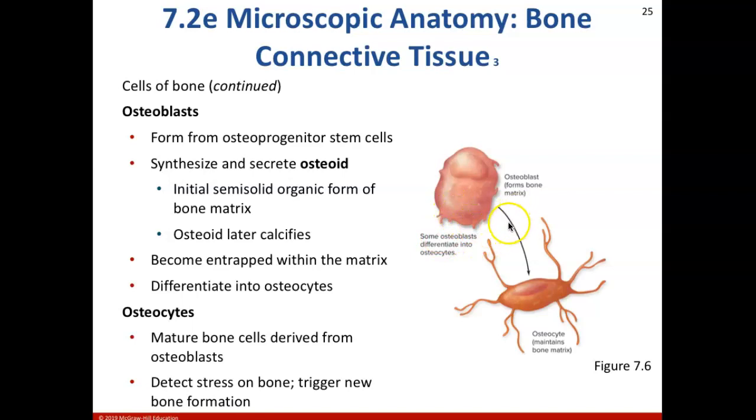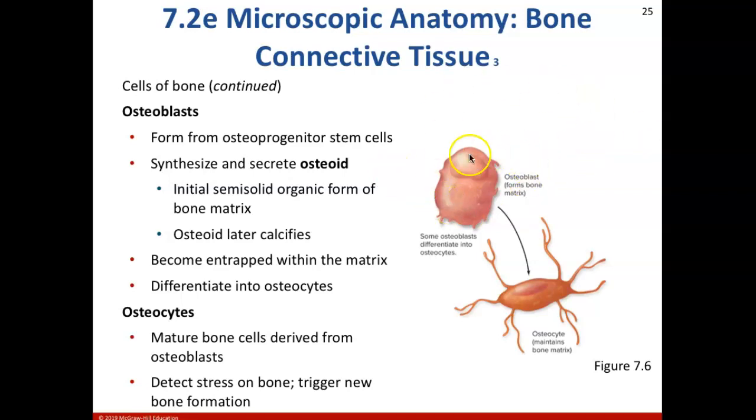They form from those osteoprogenitor stem cells, and their job is to build the bone matrix. Or, a fancier way to say this is that they synthesize and secrete osteoid. This serves as the initial semi-solid organic form of bone matrix, and then the osteoid later is going to calcify to make the mature bone that you are probably familiar with.